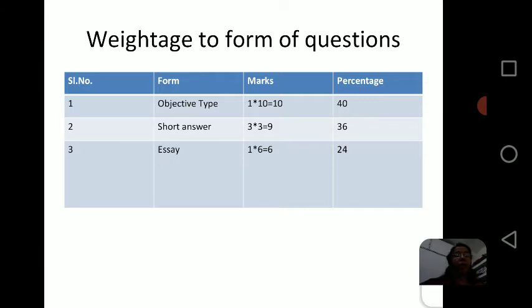It is relative. Short answer and essay type are relative. And the thing is, you can decide what all types of questions you intend to include in this test, and how is the distribution of marks.